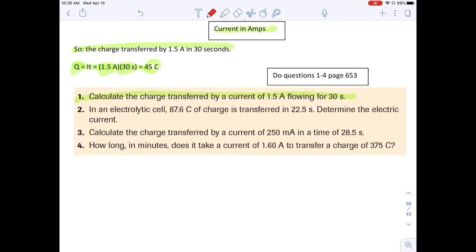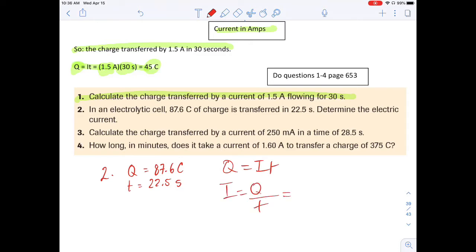In question 2, they've got the charge as 87.6 coulombs and the time as 22.5 seconds. If charge equals current times time, then the current equals charge divided by time.